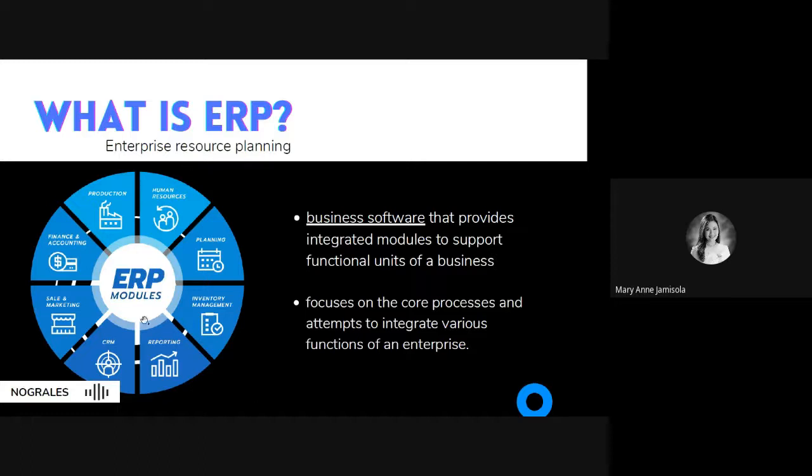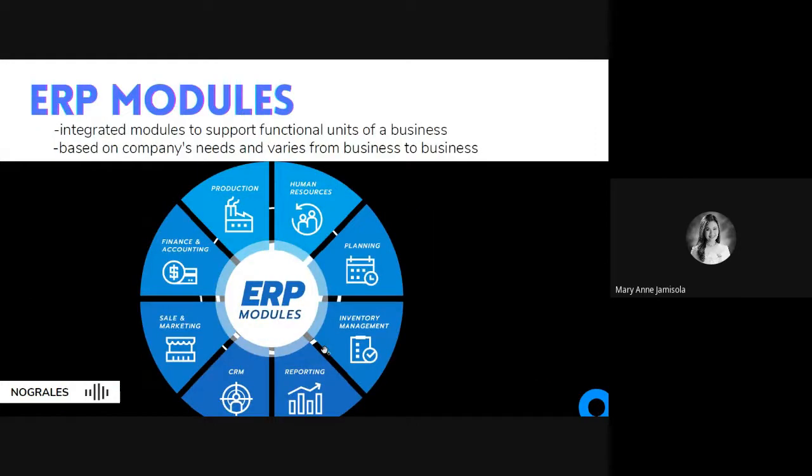So here, these are the examples of ERP modules. We have the production module, human resources, planning, inventory management, reporting, customer relationship management, sales and marketing, finance and accounting. So the ERP modules are the integrated modules to support functional units of a business.